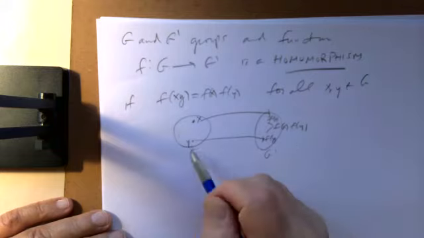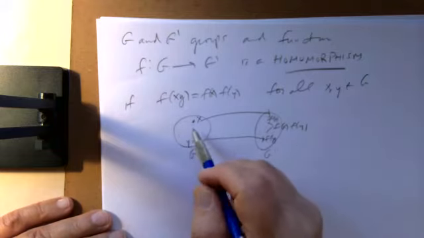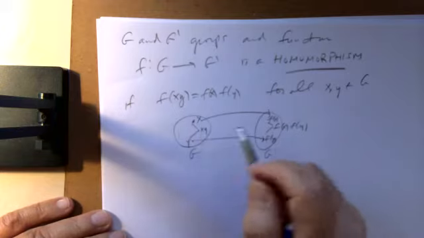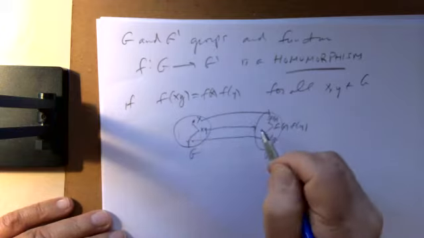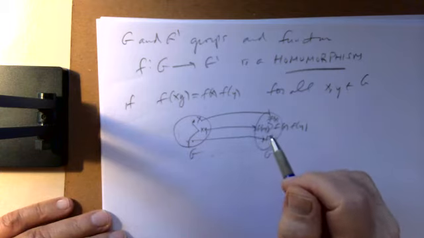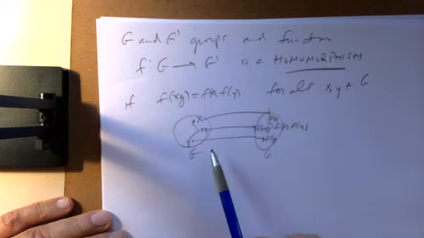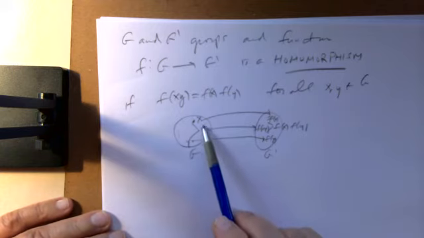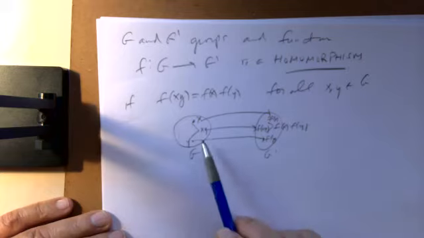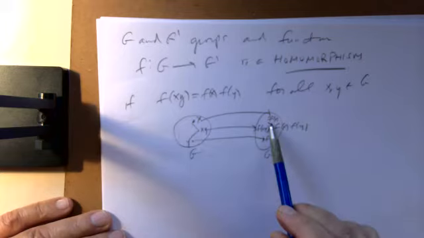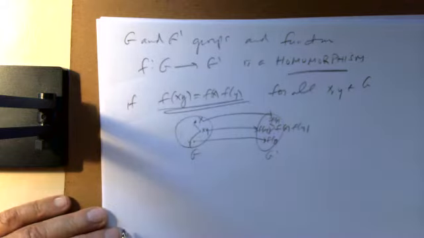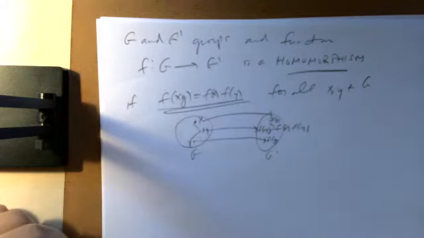On the other hand, in G, I could multiply x and y and get the element xy, and xy gets sent to an element f of xy. And you have a homomorphism if whether you map the elements to G prime and then multiply, or multiply in G and then map to G prime, you get the same element. That's what this equation says.